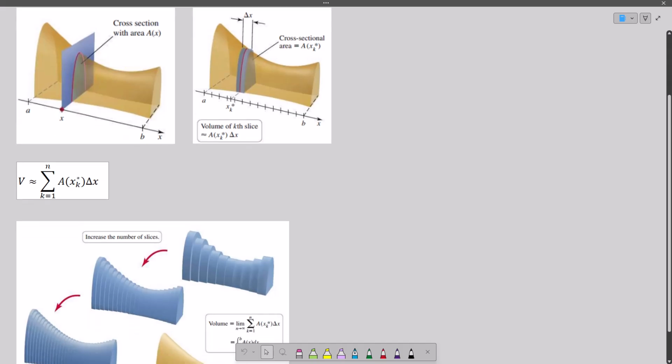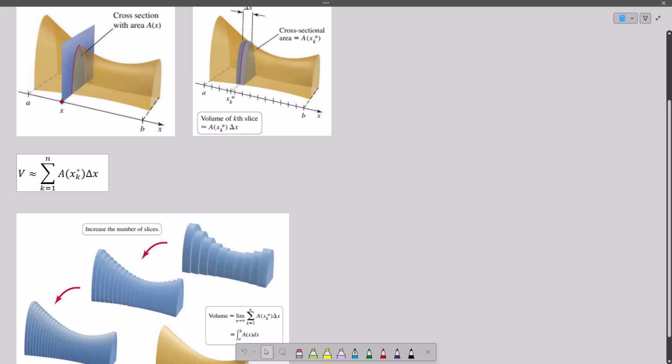So let's take a look at this shape here. And if we take a cross section, we see that we've got a parabolic region as our cross section. And the idea is that we're going to take a cross section, get a parabolic region in this case, and then we're going to add a little volume to it and turn our cross section into a slice. So a slice is going to add a little bit of thickness or volume to it. And when we add up all of our slices, we get an approximation for the volume.